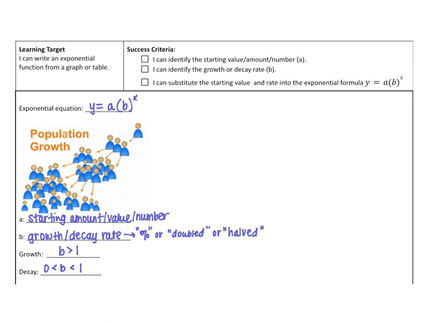It's going to differ once we get into real world situations. If you're seeing a percentage, the way that we calculate growth or decay, we have to add or subtract from 1. So when we get into percentages, we're going to look a little bit more into how we determine that B value.